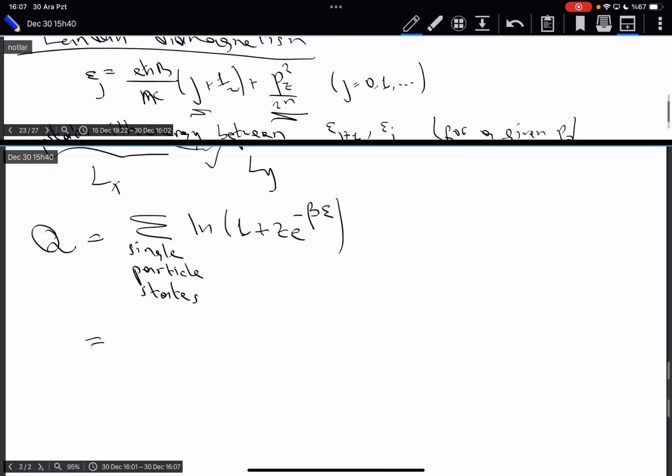Now, the single particle states are given by a z component of momentum, Lz dpz over h. I'm summing over the z momentum and z position. Then I have the sum over j.